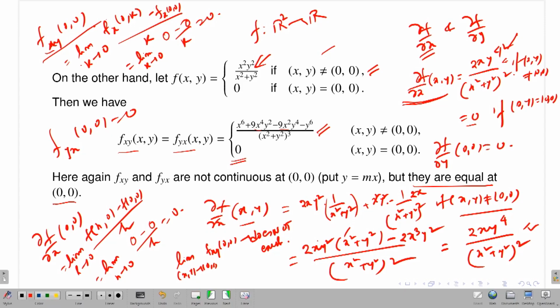If you come to the origin through the path y equals mx, you will get a function of m, and that function varies for different values of m. Therefore, you can conclude that the limit of fxy or fyx at the point (0, 0) does not exist, and therefore the function is not continuous. So this example says that I have examples where the mixed partial derivative exists at every point, but the mixed partial derivative is not continuous.